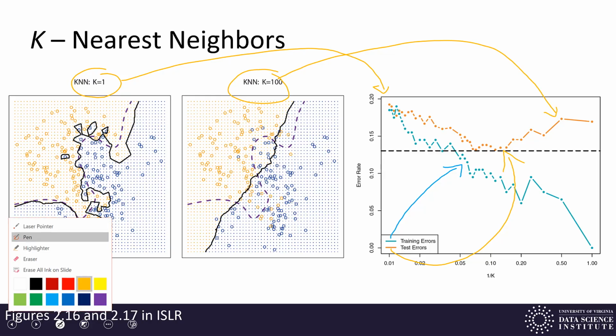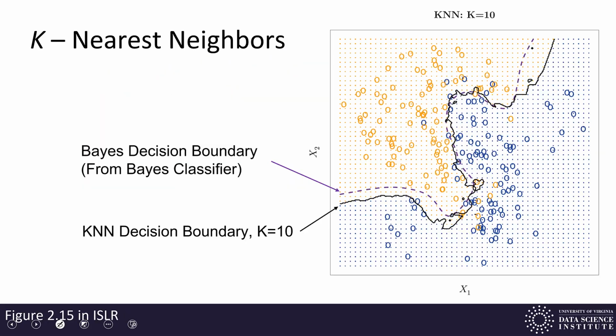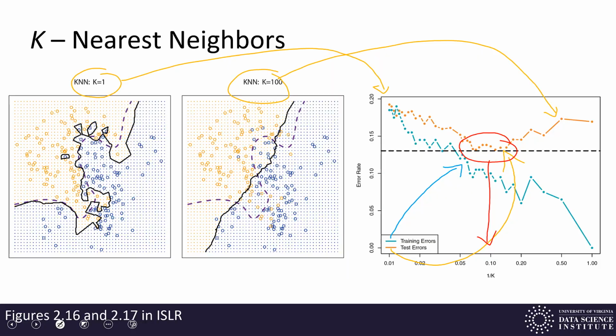The sweet spot for this algorithm is really anywhere in this range, kind of centered around 1 over K being 0.1 or K being 10, which is what we saw on this slide just previously, that when K equals 10, we get a pretty good looking decision boundary. So that was found, if we see on this right-hand slide where we circled in red, by finding where the minimum value is for the test errors. And often you'll get sort of a range of minimum values, and you want to generally pick something that's towards the center of that range.